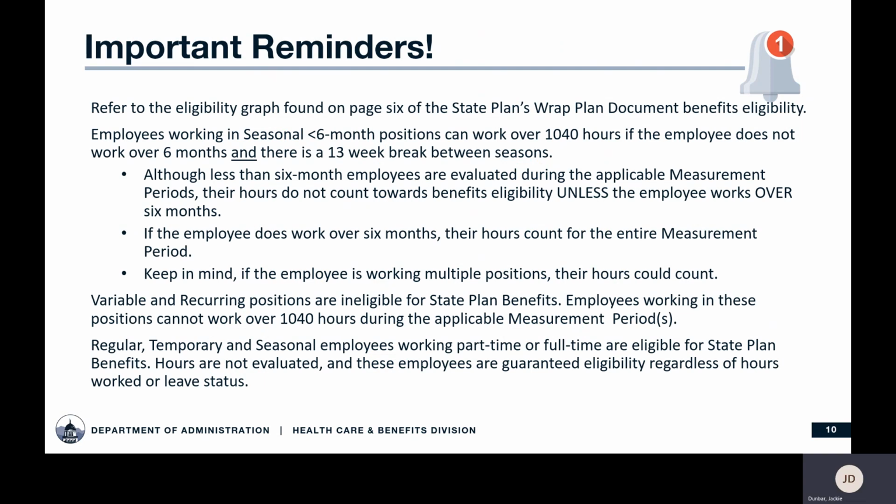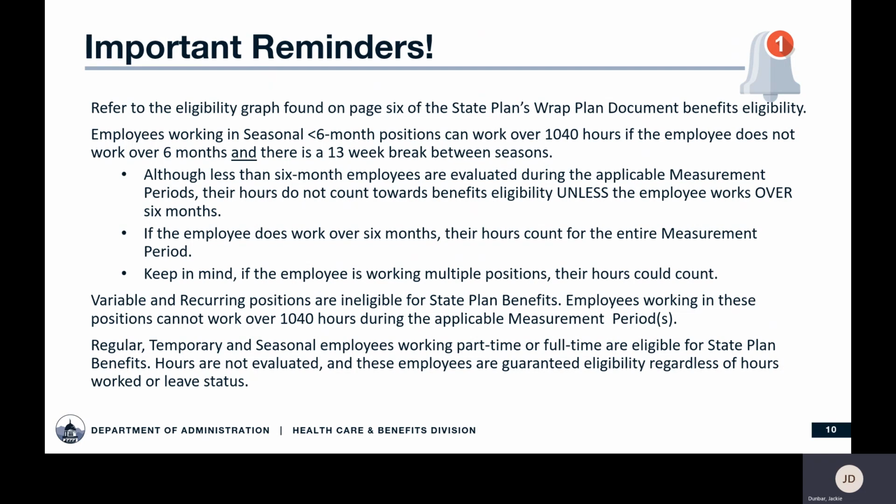So some important reminders. Refer to the eligibility graph found on page 6 of the state plan's RAP plan document for benefits eligibility. Employees working in a seasonal, less than 6-month position can work over 1,040 hours if the employee does not work over 6 months and there is a 13-week break between seasons.